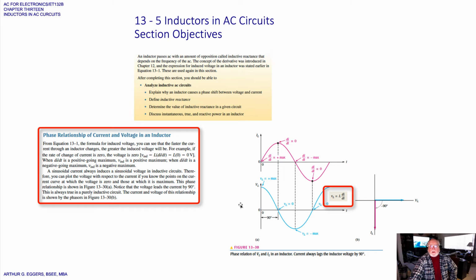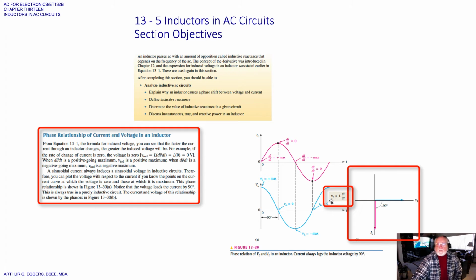We can also see over here a phasor representation that we need to become familiar with, and there's our formula, V sub L, the induced voltage, equals L di by dt.